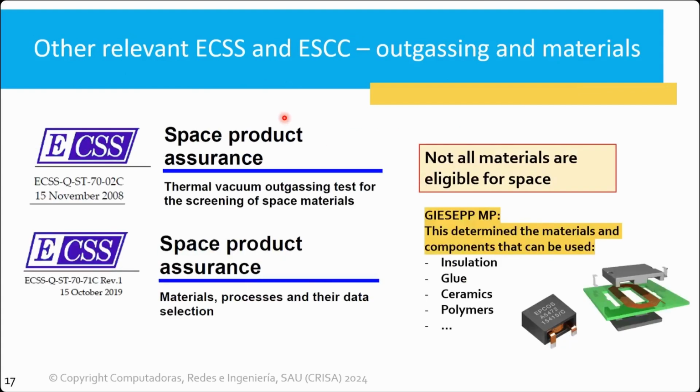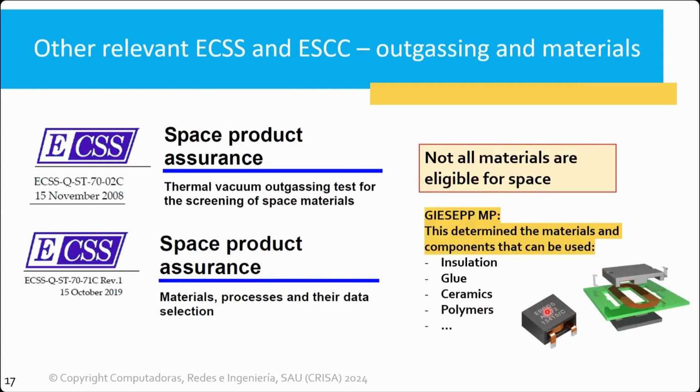Last but not least, from the ECSS, are these two regarding materials and outgassing. These standards define which materials can be used and in which conditions. If you remember, we are talking about magnetics that are made out of a core and a winding, which has some insulation.